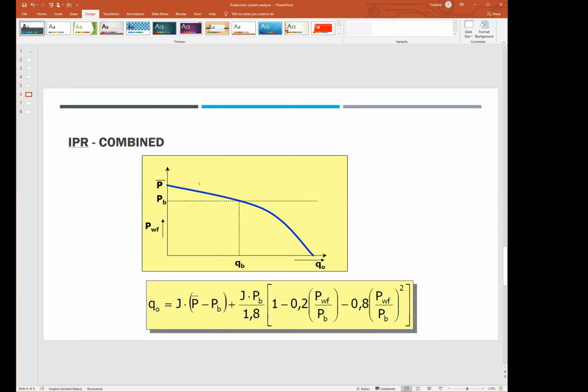So any curve, no matter if it is linear or a combination of those, has a unique AOF, a unique maximum absolute open flow, okay? If you see modern literature, they refer mostly to the AOF instead of the PI.